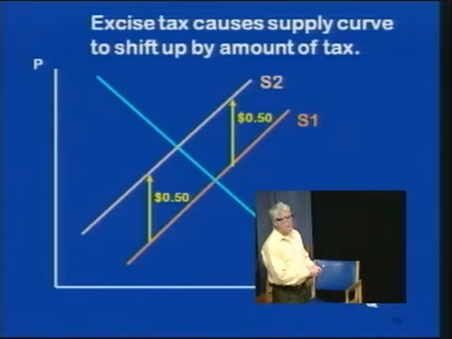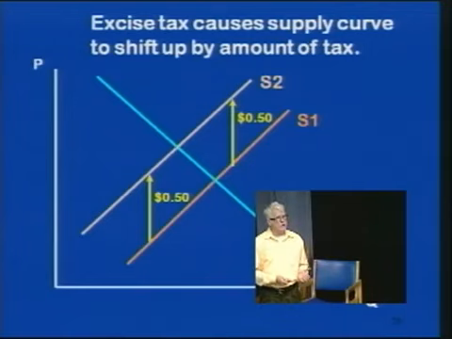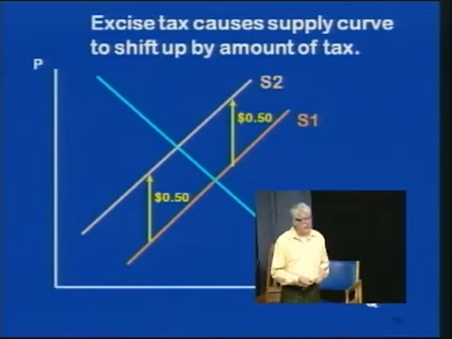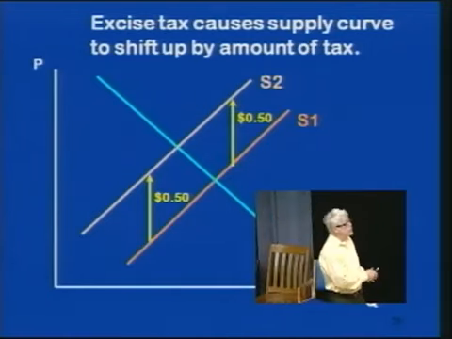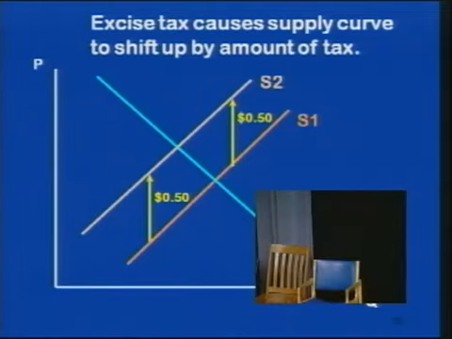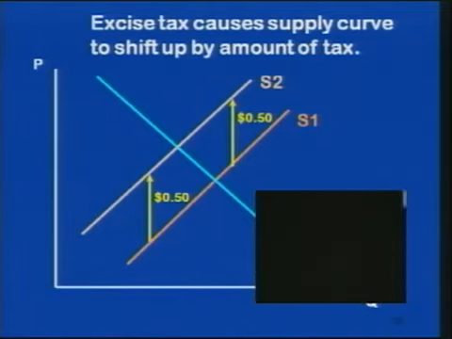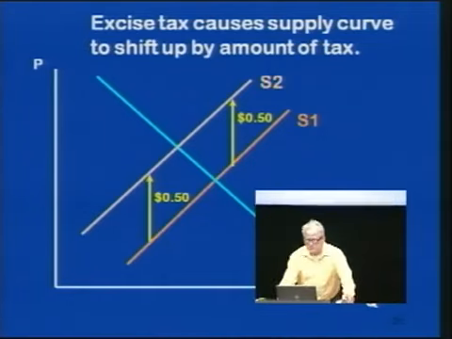It's there. That's not necessarily what the price will end up being, but it's the answer to that hypothetical question. If the price paid by consumers was this, and the government took 50 cents, suppliers would supply that amount. Then we have to work through the whole rigmarole of what the interaction is.